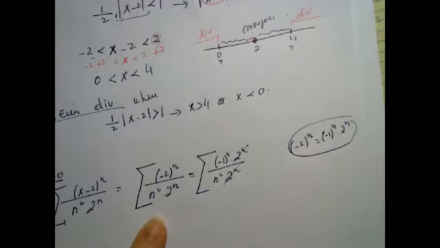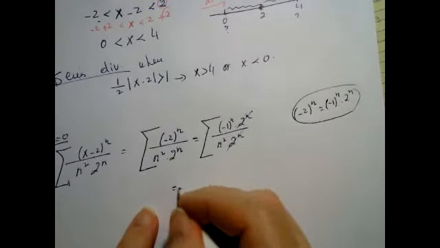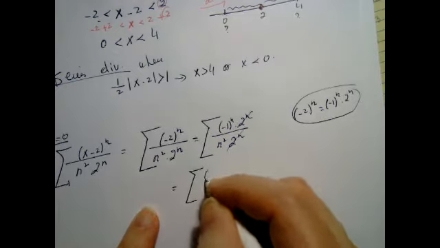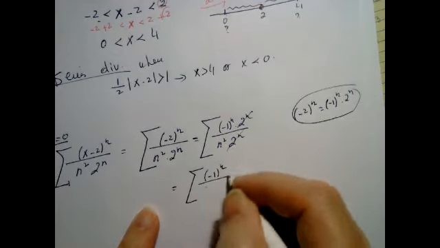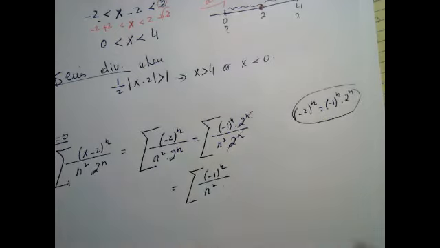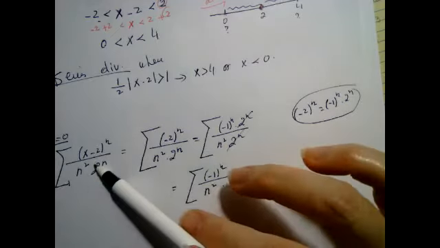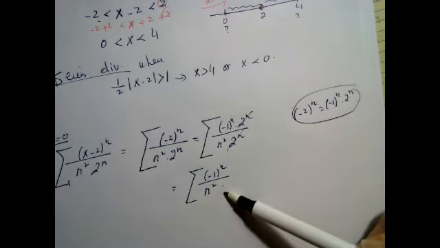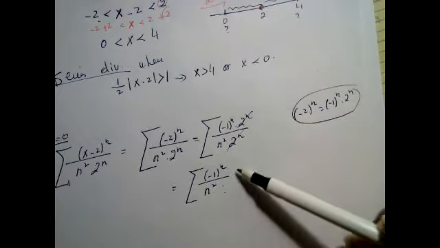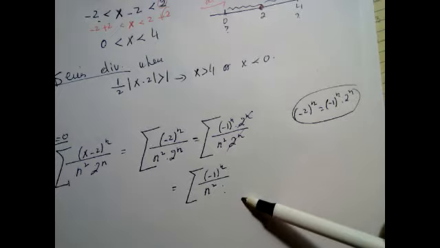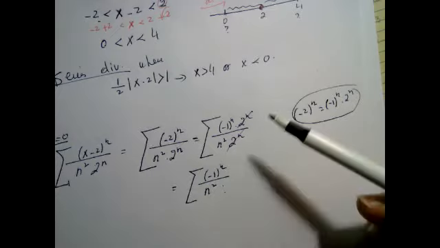Now those two simplify, and the series becomes the following. Okay. So if I plug in 0 for x, I end up with this series. So the question, does this one converge or diverge, and why? Now it's a series of numbers, it's not x anymore.